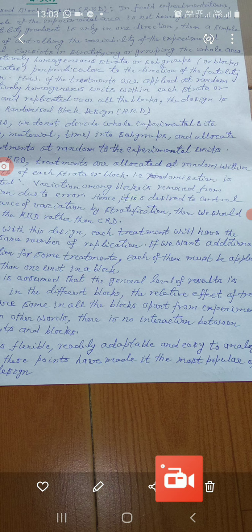There are so many names. And one important thing, the strata should be perpendicular to the direction of the fertility gradient.